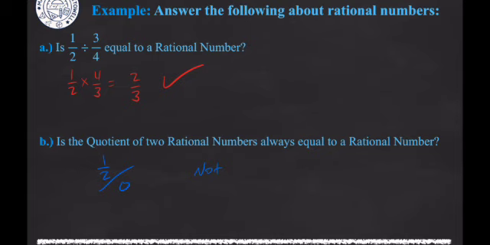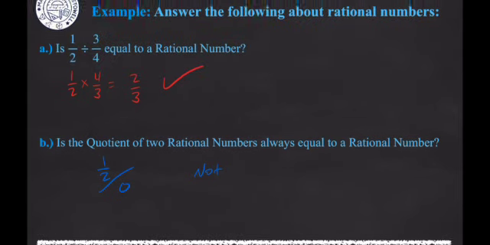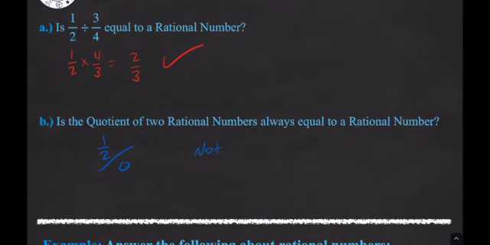Does that make sense? Okay, so if you take a quotient, a division of two rational numbers, it will either always be rational or be undefined if you try to divide by 0. So as long as we don't divide by 0, it's always rational. Okay? So always rational except division by 0.